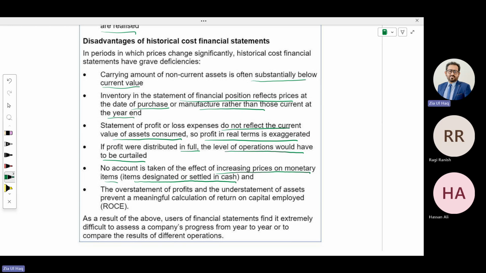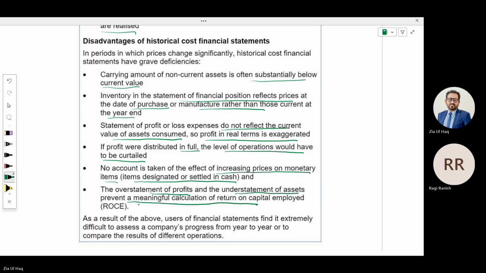This means we are not incorporating the effect of inflation. The overstatement of profit and understatement of assets prevent a meaningful calculation of return on capital employed. What is the formula to calculate it?